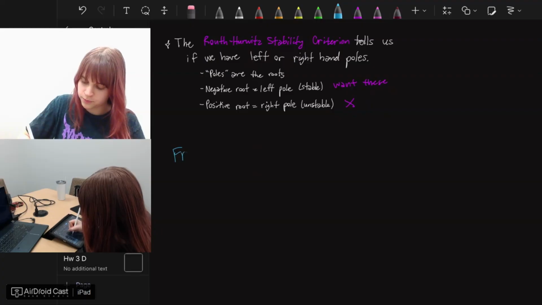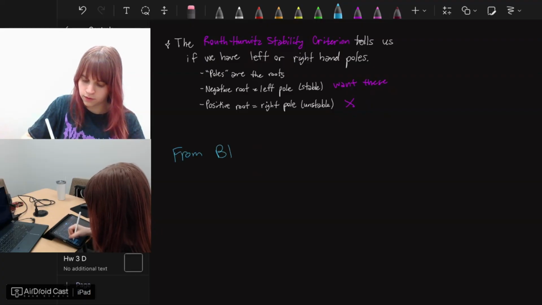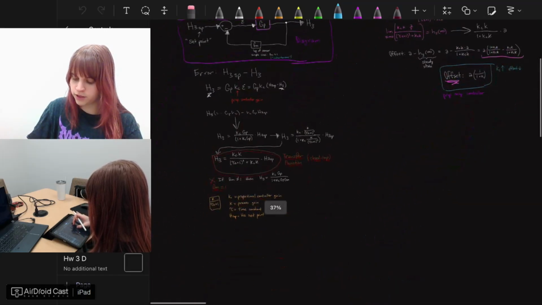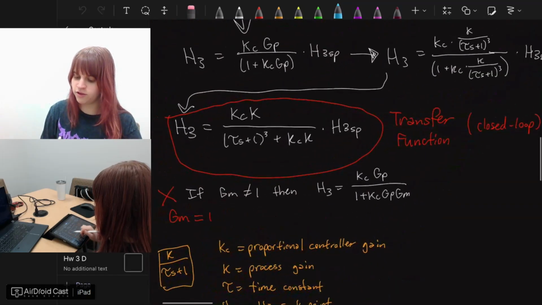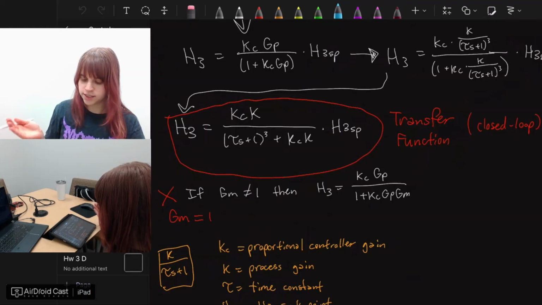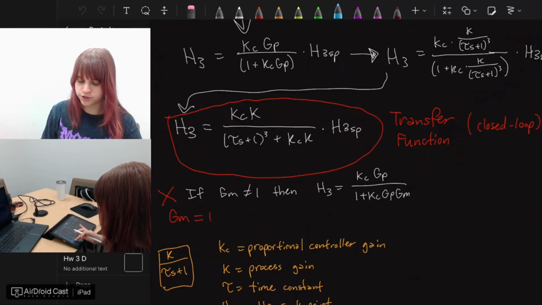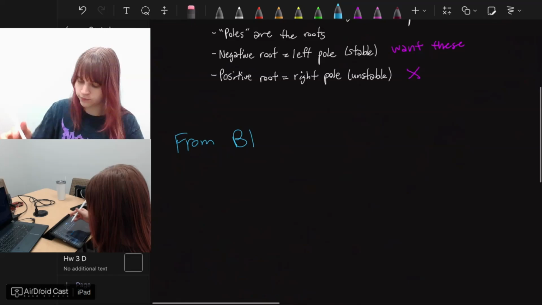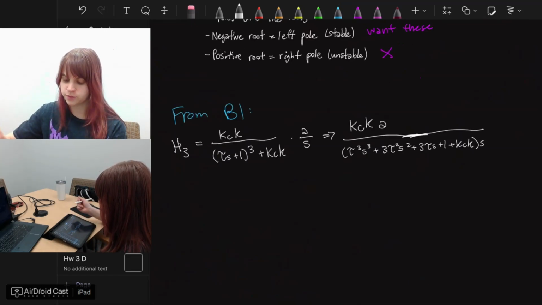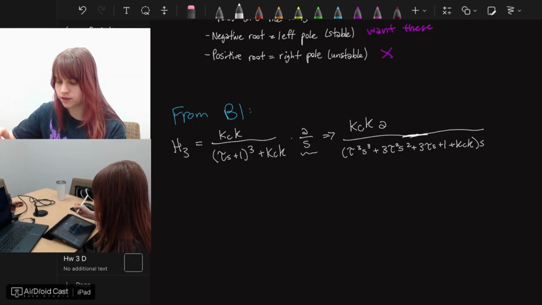So from part B1, let me go to that really quick. From part B1, we have this H3 equals KcK transfer function. I'm just going to take that and put it into what we're doing now. I rewrote that from part B1, and this A over s is just the Laplace transform of the set point.